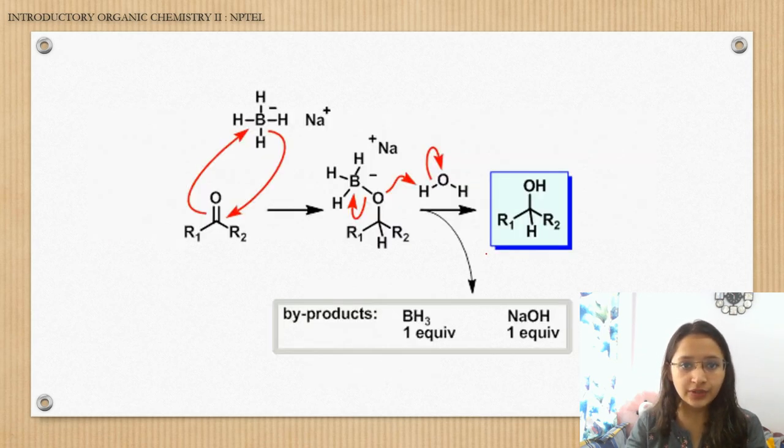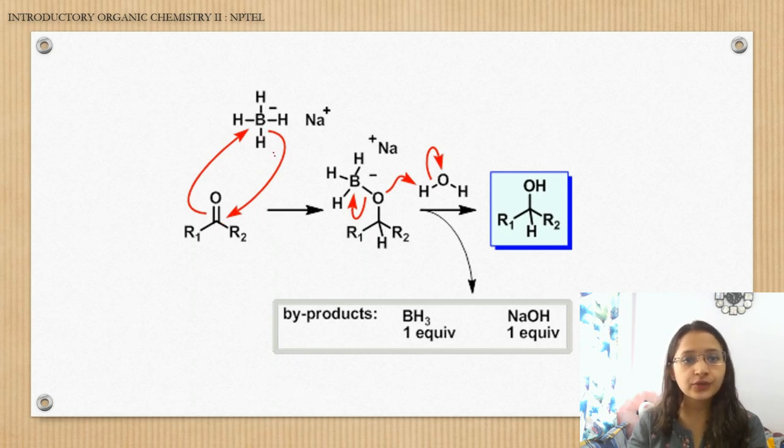So the mechanism of the reduction is, first of all, the BH4 minus, one of the hydrides, will attack on the carbon of this carbonyl bond, as we have discussed that this carbon is electrophilic in nature. So an external nucleophile can attack on this particular carbon.